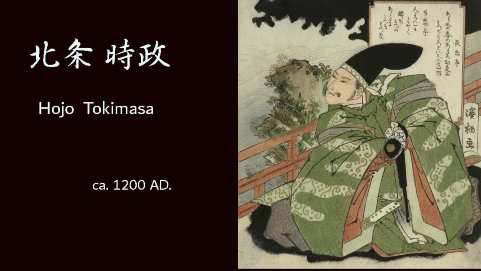At that time, the retired emperor was still ruling in Kyoto and was looking for an opportunity to overthrow the shogunate. The shogunate and the retired emperor finally came to blows. The shogunate was overwhelmingly victorious, gaining vast territories on the retired emperor's side and weakening the power of the retired emperor and the nobles.